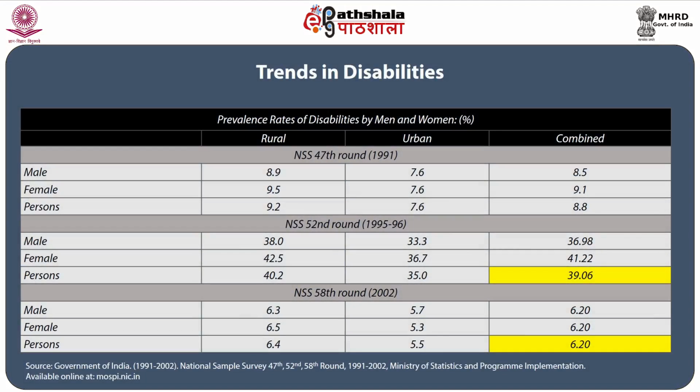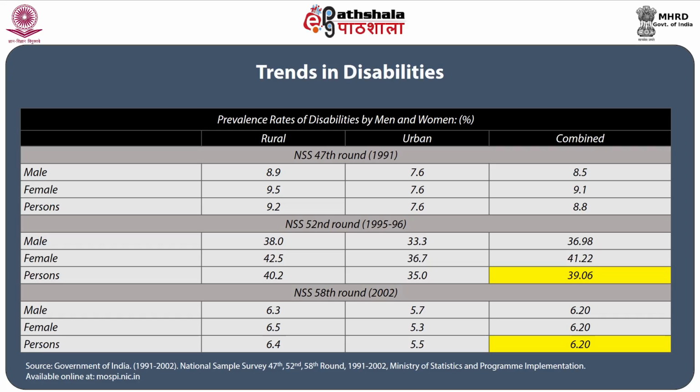An interesting observation among these issues is that there is a wide margin of difference in disability estimated from various rounds of NSS data. The prevalence rate of disability for all the elderly persons varies from 39% in 1995-96 to 6.92% in 2002.